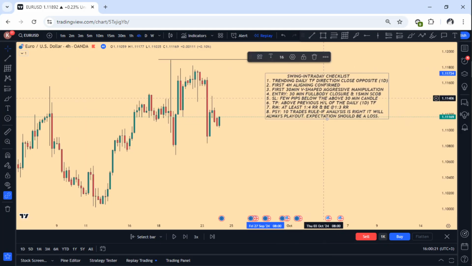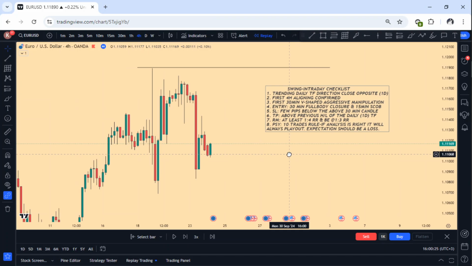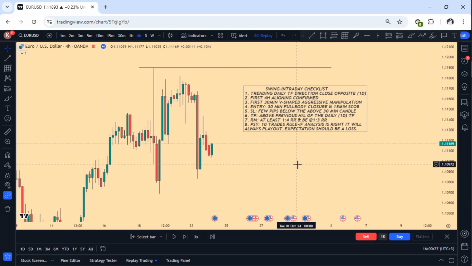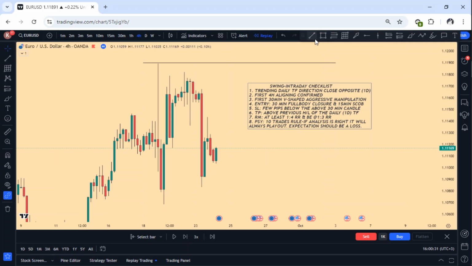Why? Because an alignment means the candle has started checking the highs or lows of the previous market in relation to our direction. In this case, this high has been taken here, meaning that the price has aligned.